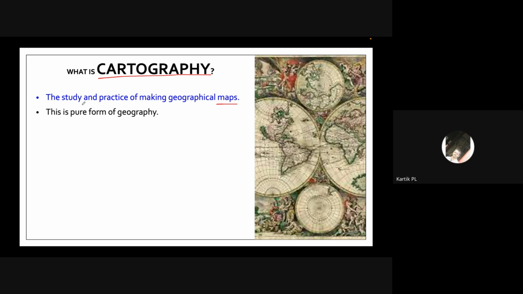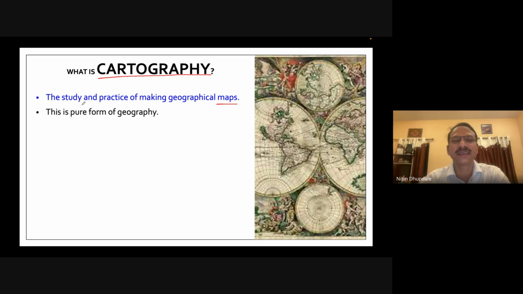Making sense out of the maps. Yes, exactly. Maps are made not by doctors; they are made by geographers. So just making maps doesn't help. We have to see how it is relevant to epidemiology, how it is connected to epidemiology.